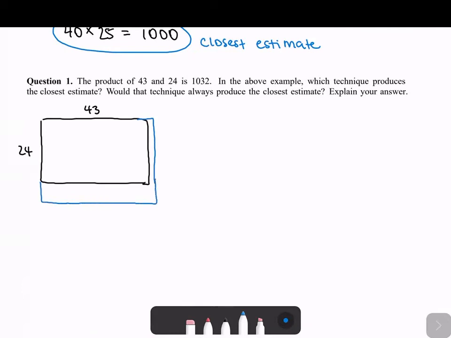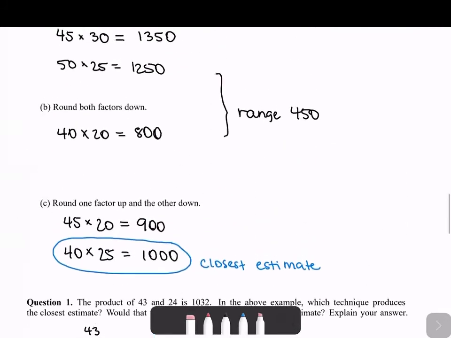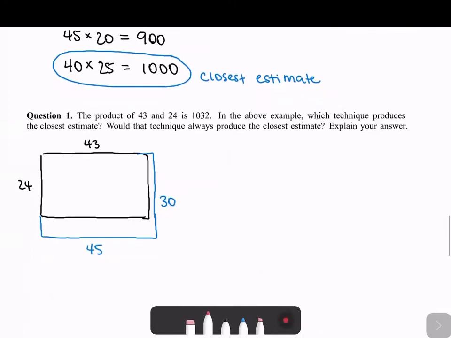So if we have 45 and 30, it's clearly going to be too big, right? But it doesn't seem like that would be too big by too much. Okay, what happens if we round both factors down? So if we round this to 40, and if we round this to 20, right, this is definitely too small.